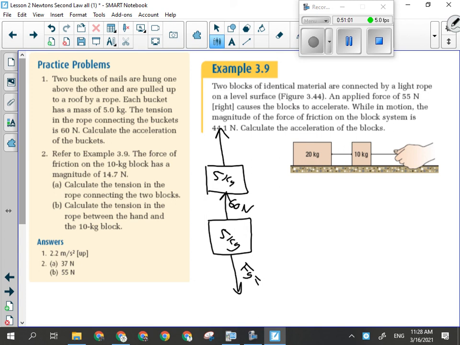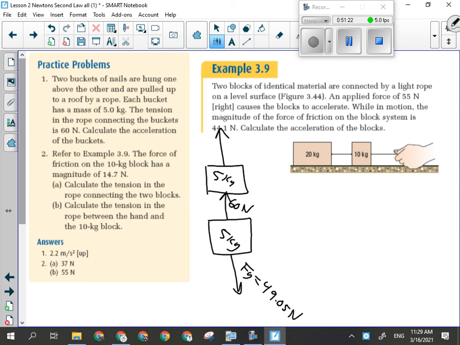Okay. Could I calculate what the force of gravity is on this bucket? Yeah, 5 times 9.81. Everyone okay with that? Right, so that's going to be 49.05 newtons. Okay, so they want us to calculate the acceleration of the buckets.